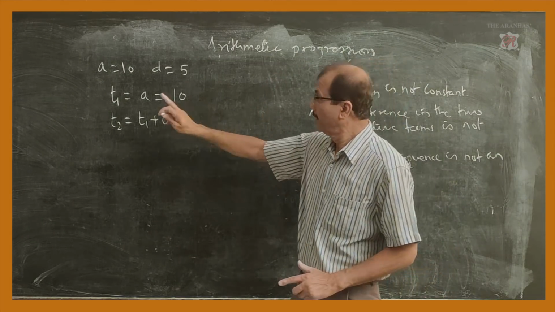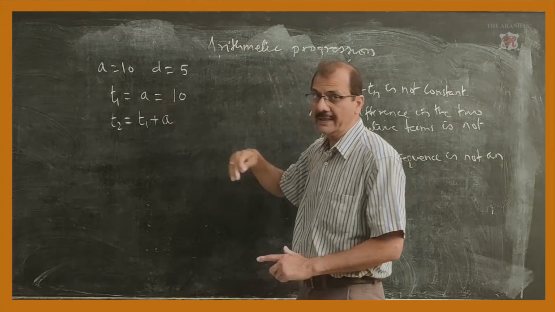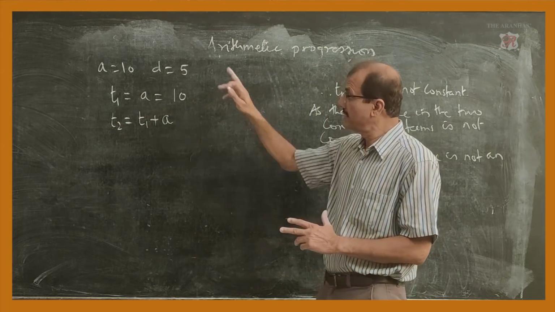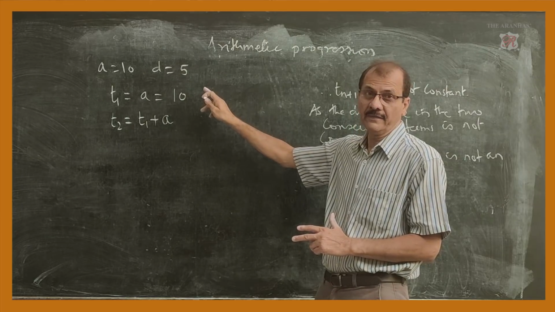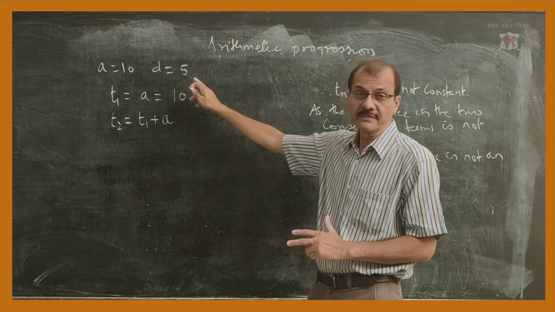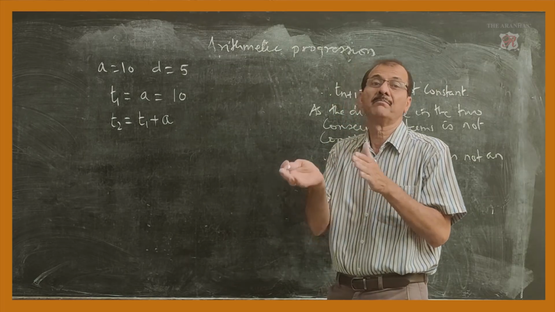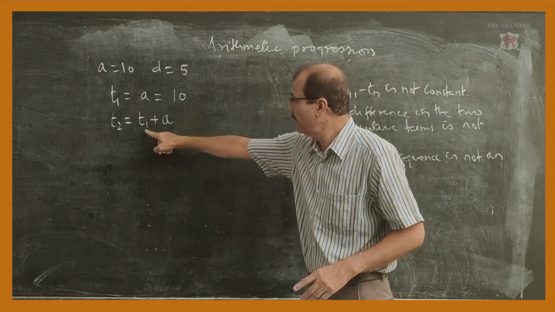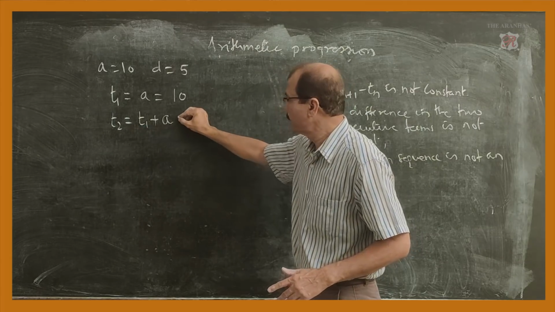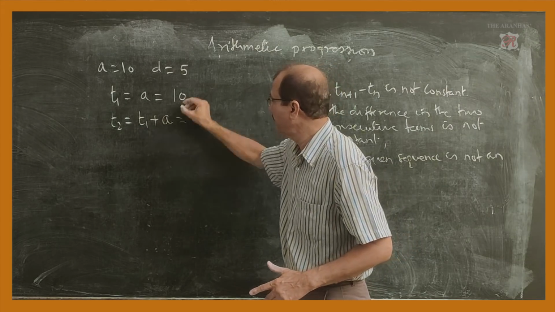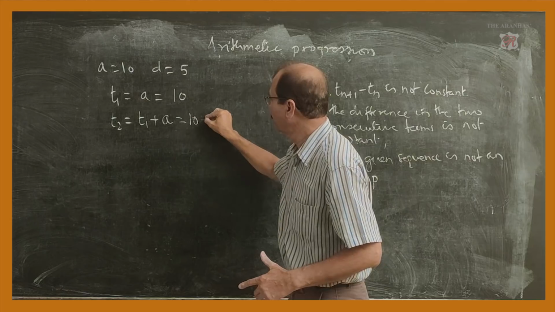You want to get the next term. Since the common difference is 5, to get the next term, add 5 to the preceding term. So T1 plus D. What is my T1? 10.